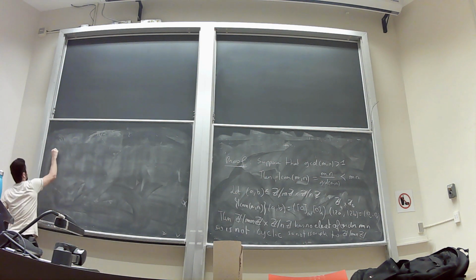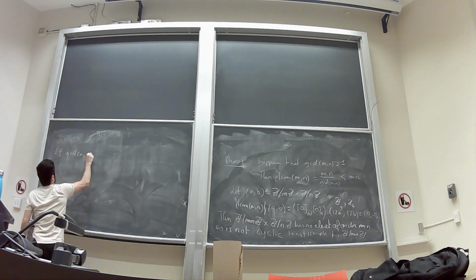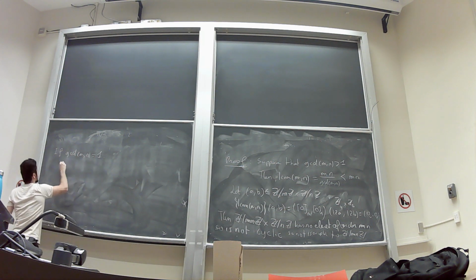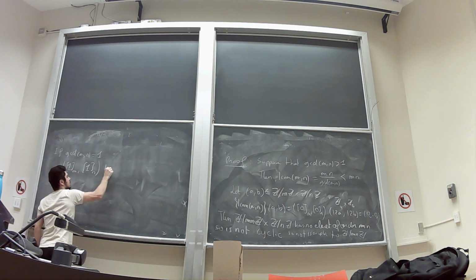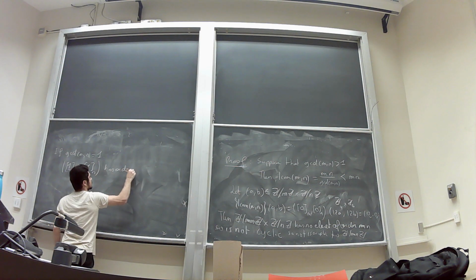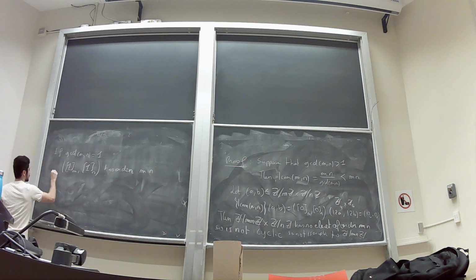If, on the other hand, the GCD of m and n is 1, then you can check that (1, 1) has order mn. This is a homework question.